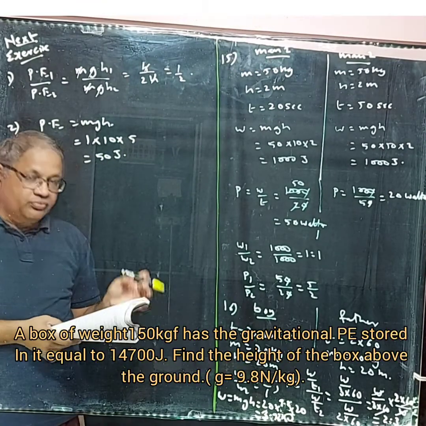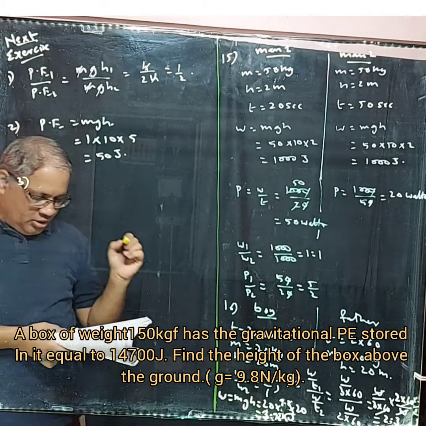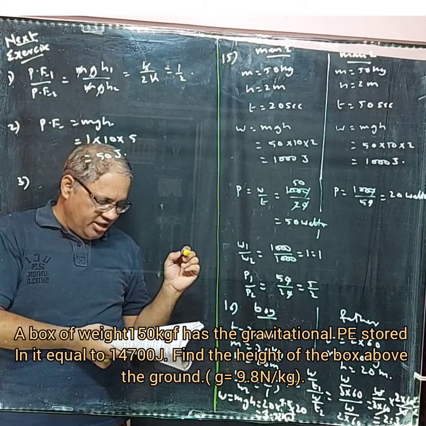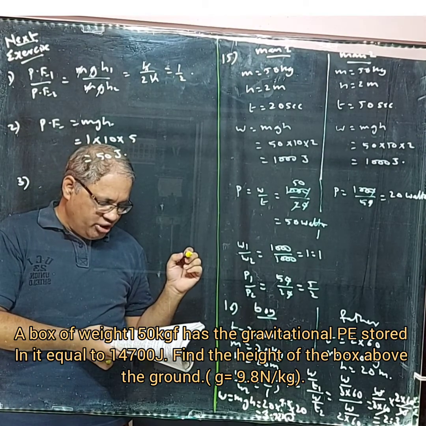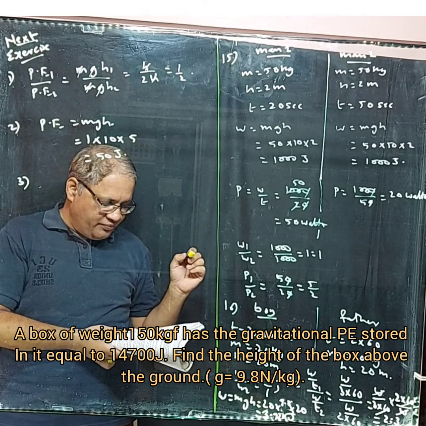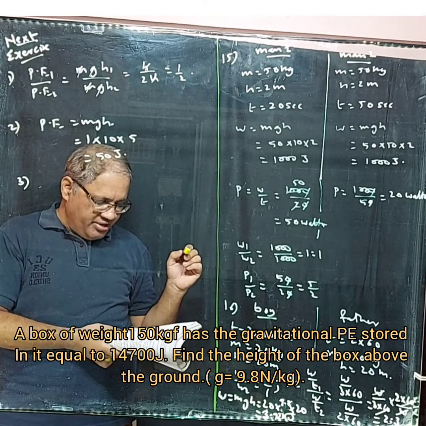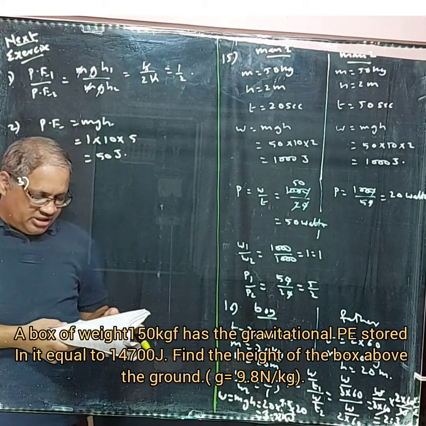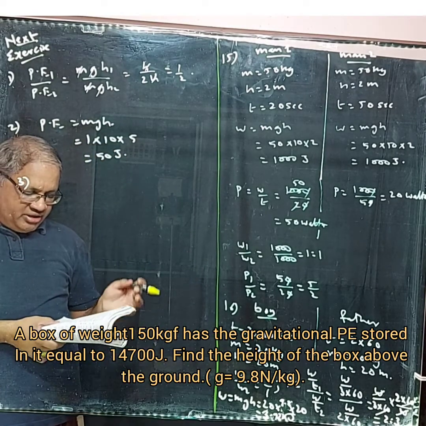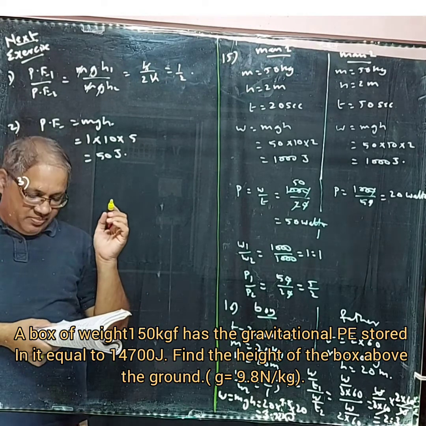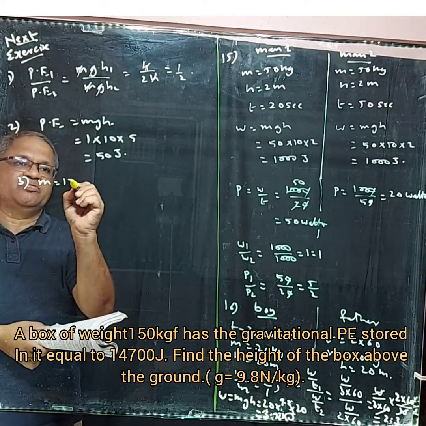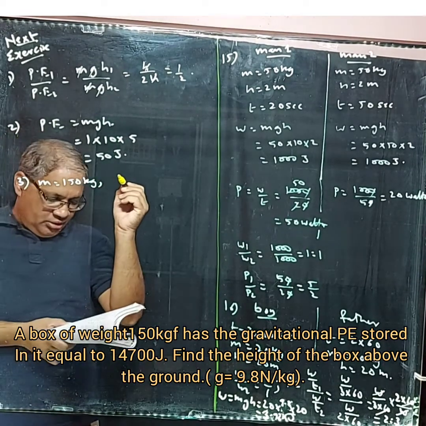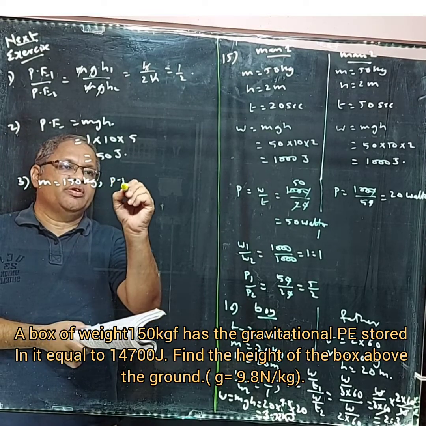Next, third sum. A box of weight 150 kgf has gravitational potential energy stored in it equal to 14700 joules. Find the height of the box above the ground. g is 9.8 meter per second square. Weight is given in kgf, that means that's the mass, so mass is 150 kg.